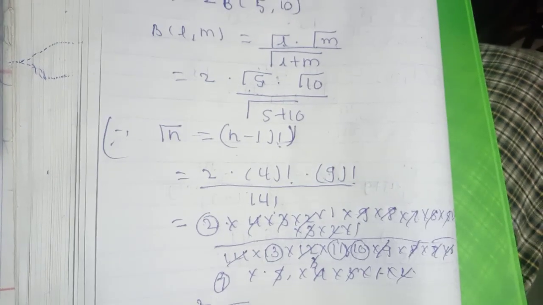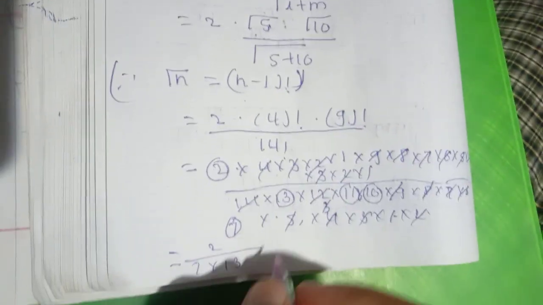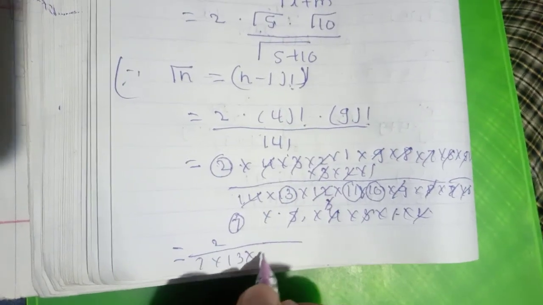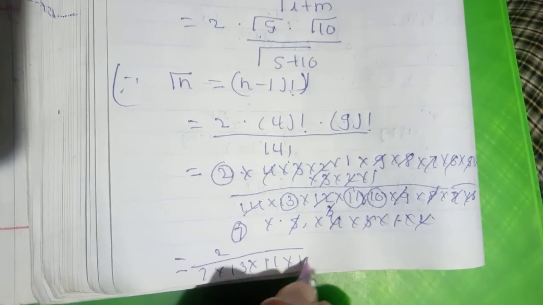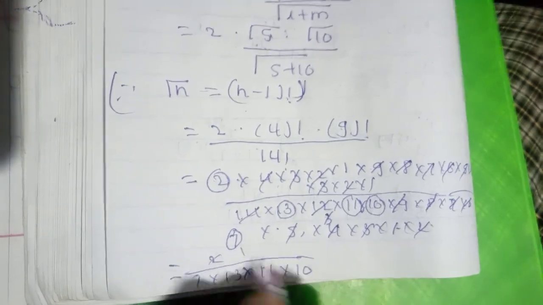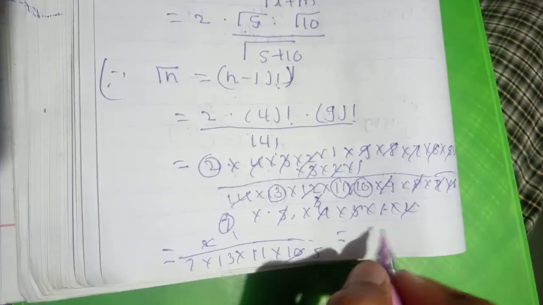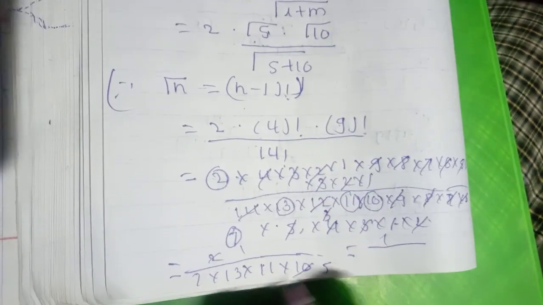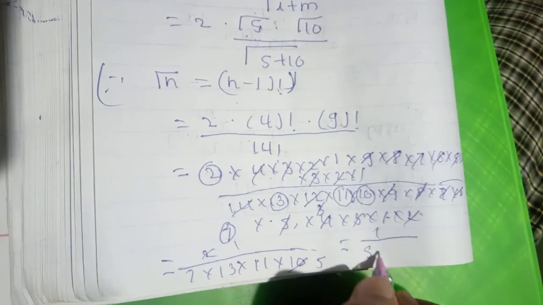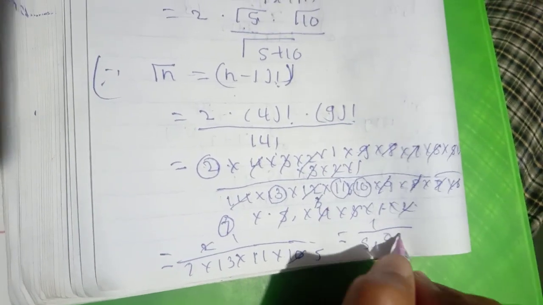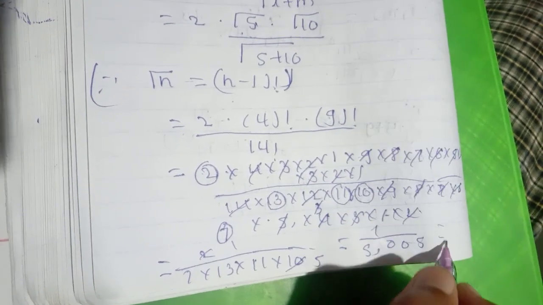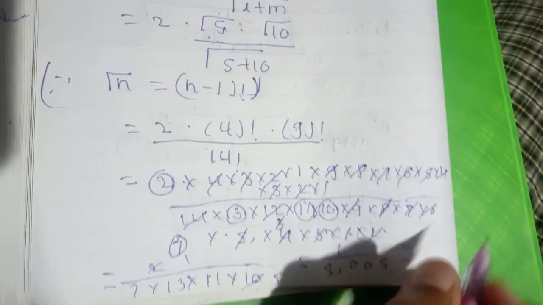So 2 divided by 7 into 13 into 11 into 10, so 2 into 5, and the multiplication value is 5005.